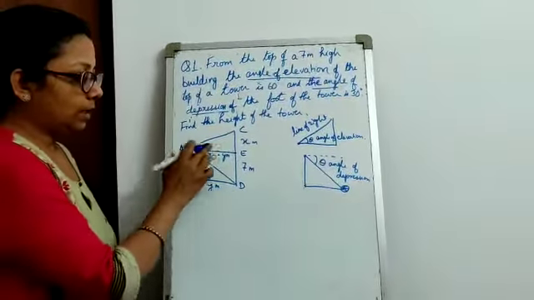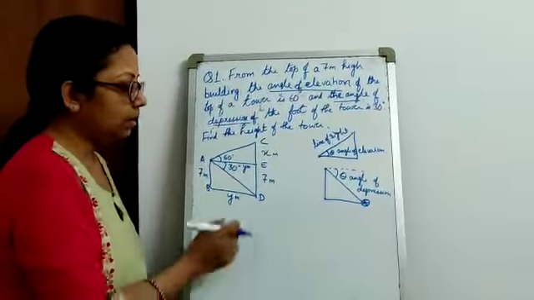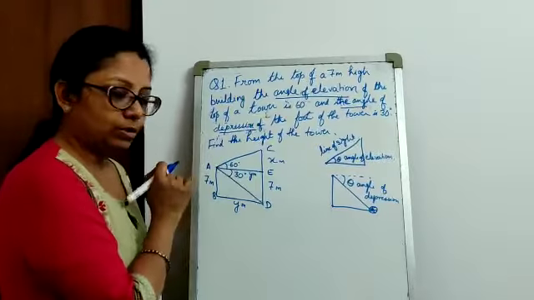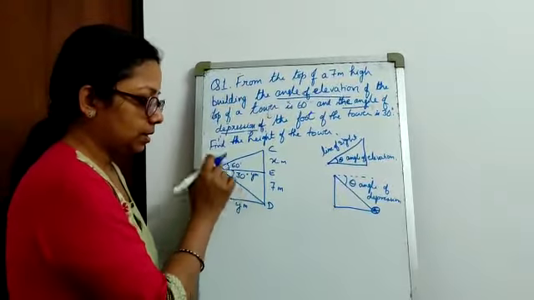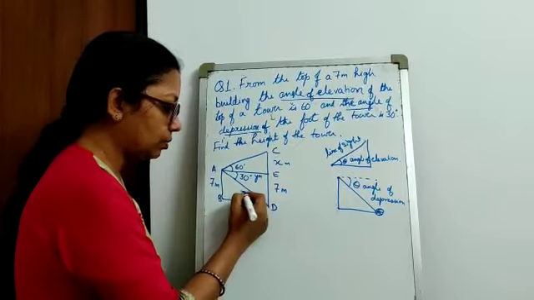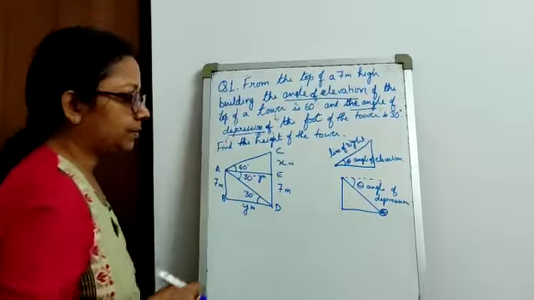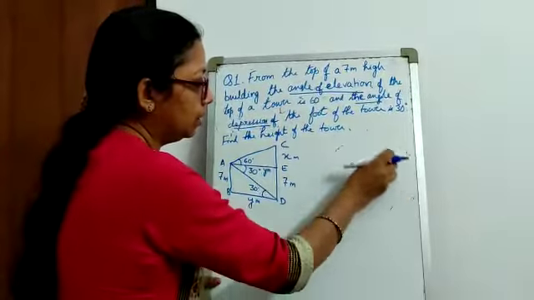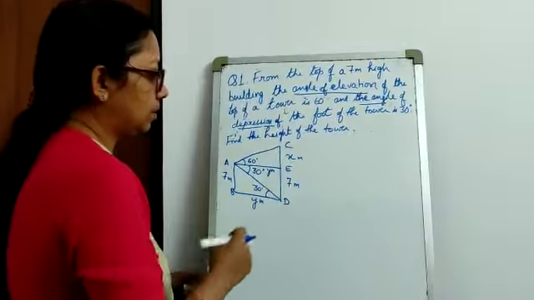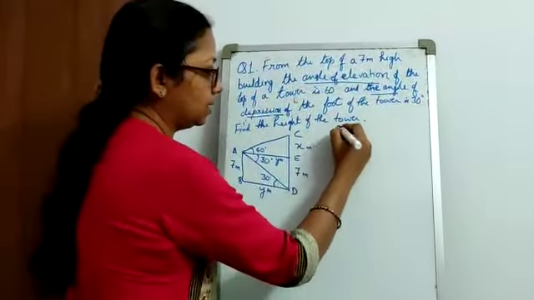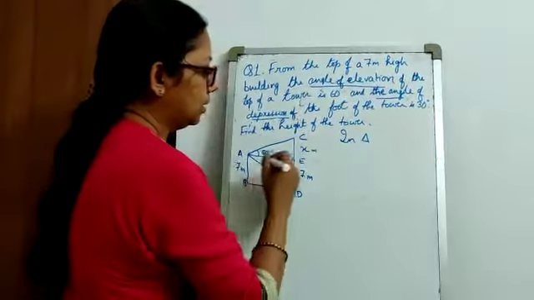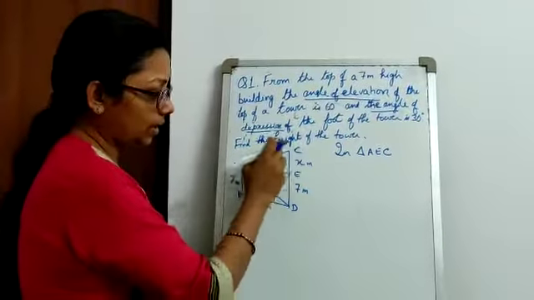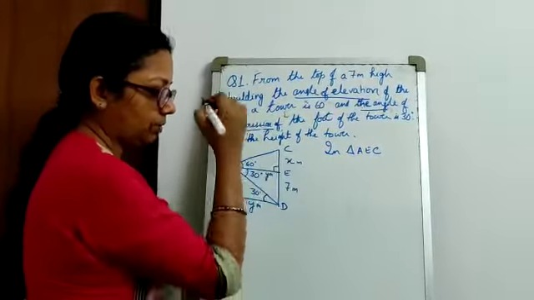Now look here, the lines AE and BD are parallel, and this is the transversal. So this angle will be equal to this angle, that is 30 degree. Now we start solving using our trigonometry concepts. Let us take the first triangle, triangle AEC, which is a right triangle.